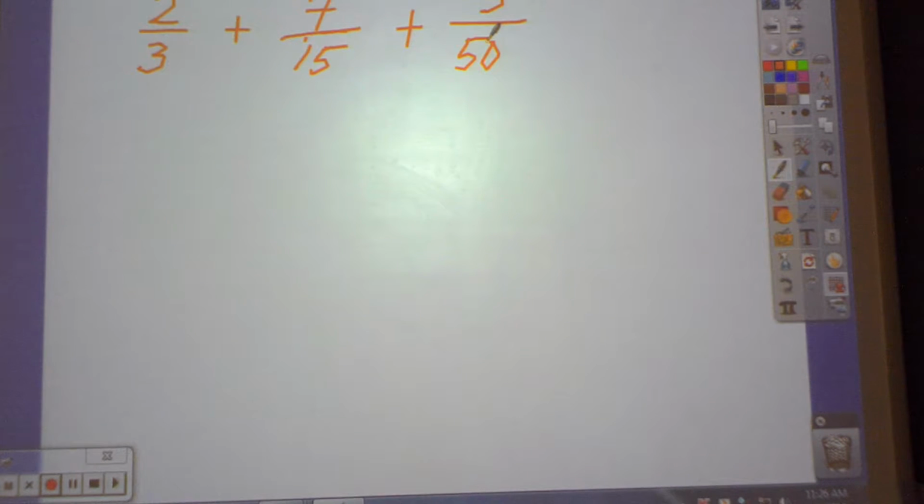So what you do whenever you're doing the bottom, you just cover the numbers up.